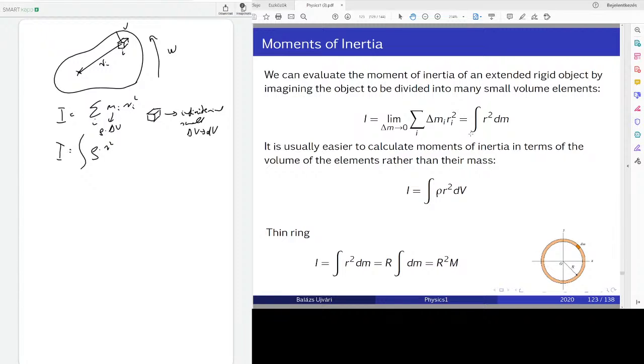Last time I mentioned this is not an easy integral, because you have to integrate over a three-dimensional body, especially when rho is not a homogeneous density. If there is any inhomogeneity, it's hard to calculate.